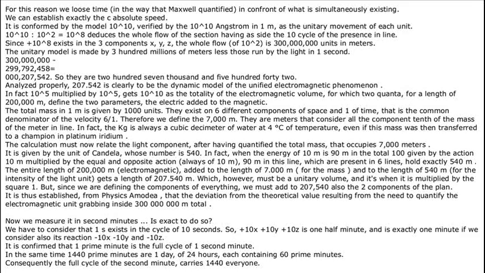The entire length of 200,000 meters electromagnetic, added to the length of 7,000 meters for the mass, and to the length of 540 meters for the intensity of the light unit, gets a length of 207,540 meters, which, however, must be a unitary volume, and it is when it is multiplied by the square one.